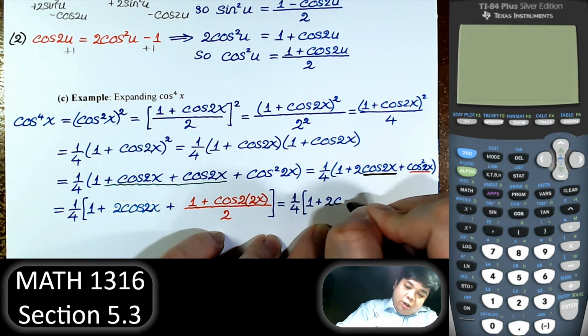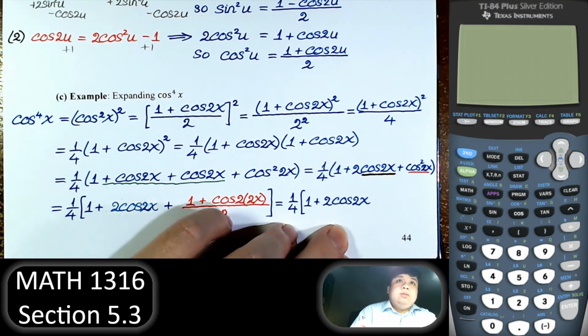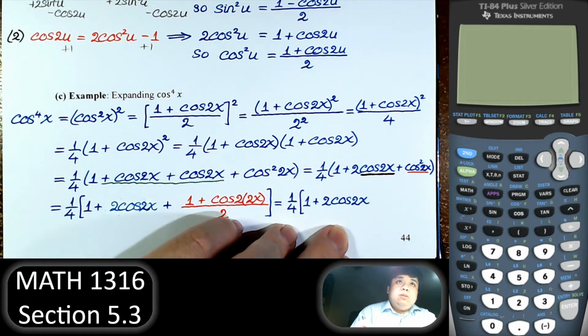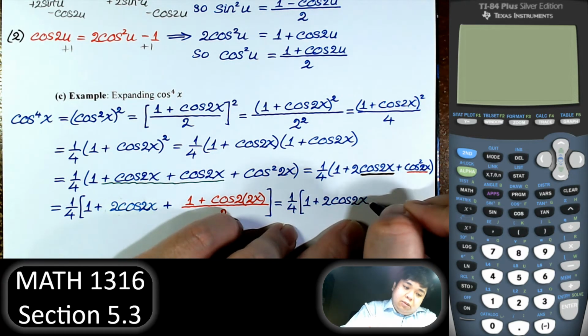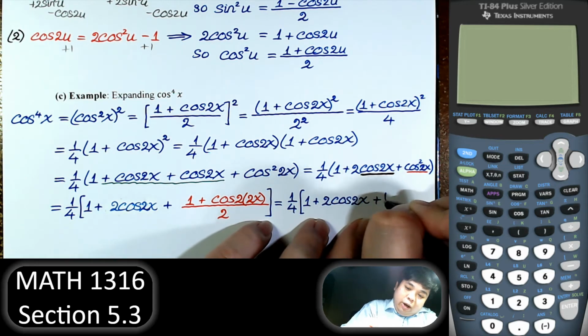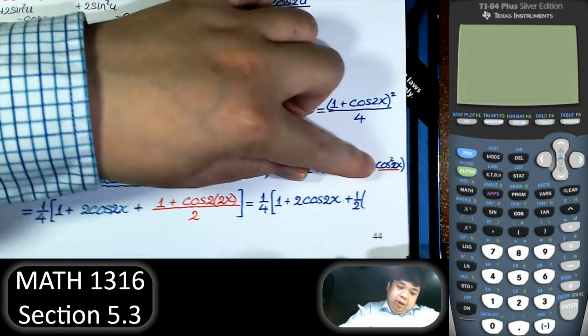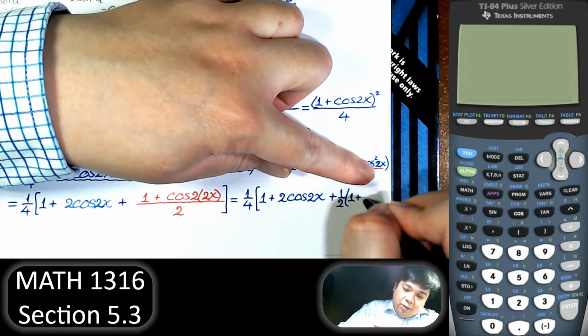To cosine of 2x plus 1/2. Write up 1/2 and then 1 plus cosine of 4x.